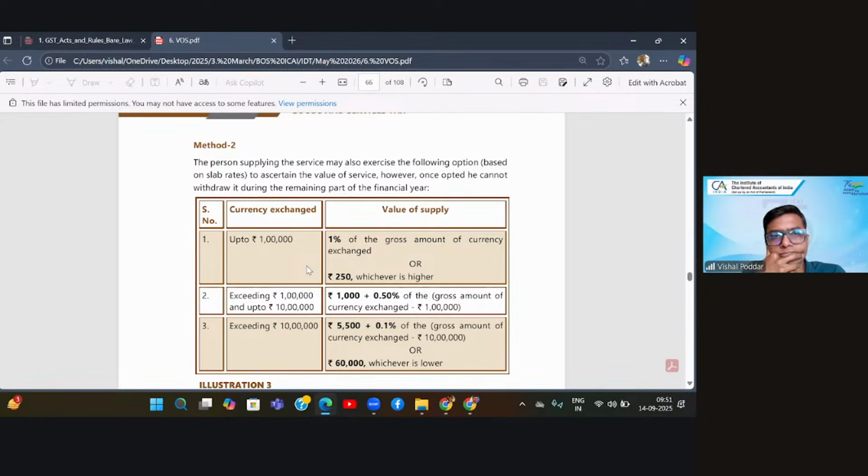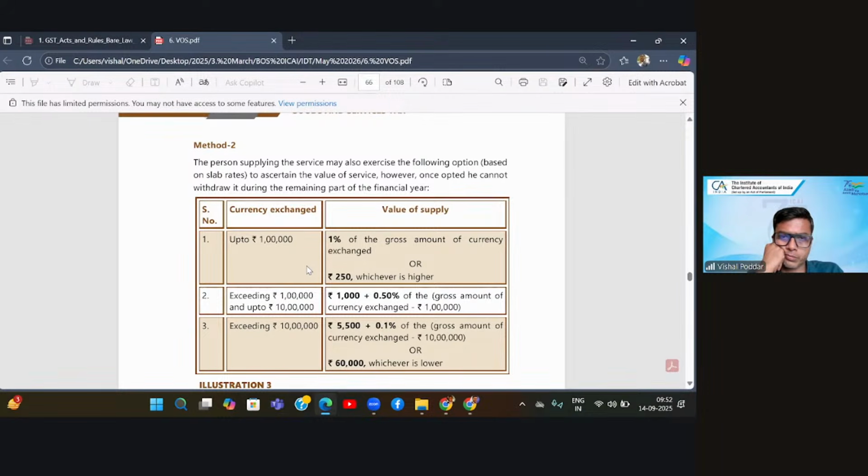Up to 1 lakh, value of supply will be 1% of the gross amount of currency exchange or 250 rupees, whichever is higher. Second slab, greater than 1 lakh but up to 10 lakh, value of supply will be 1000 rupees plus 0.5% of the gross amount of currency exchange minus 1 lakh.